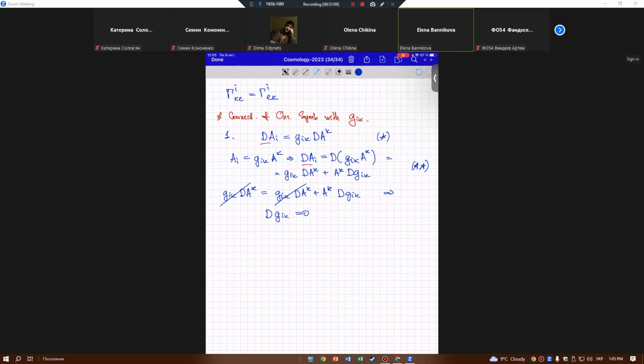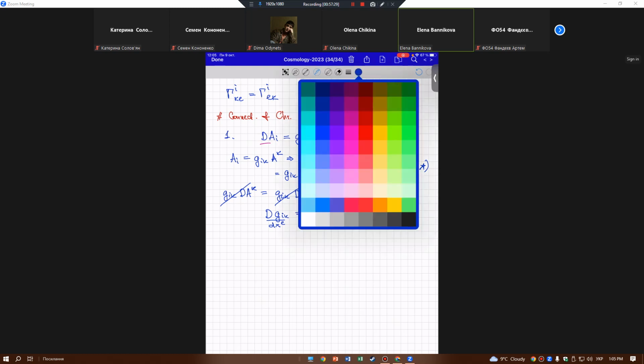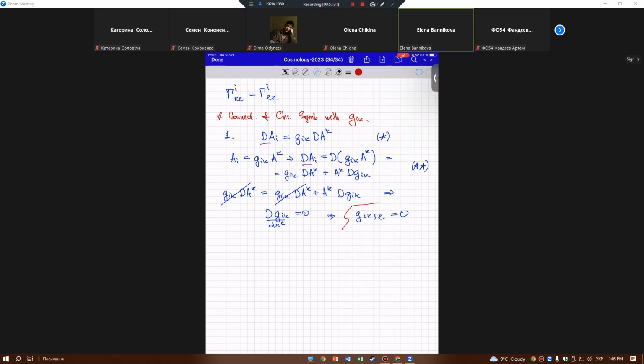Or if we divide formally on dx^l, we can write that the covariant derivative of g_ik with respect to l equals 0. Let's put it in frame.